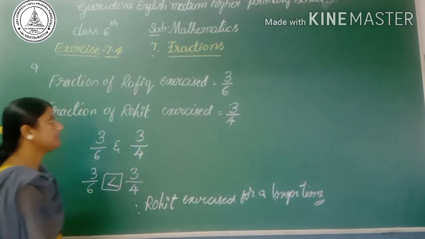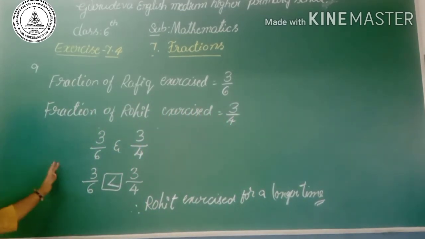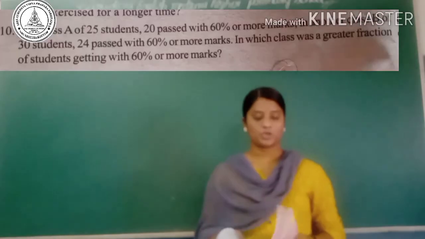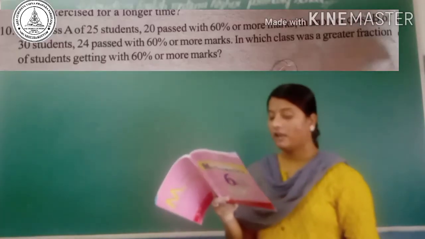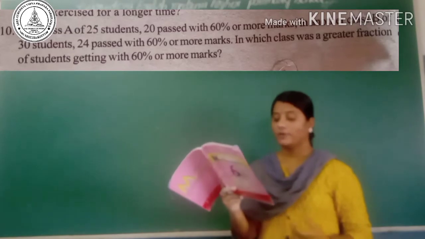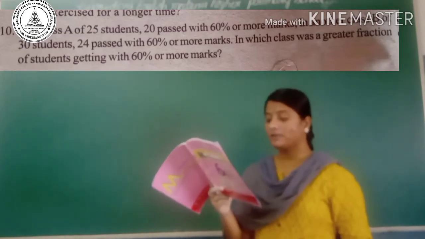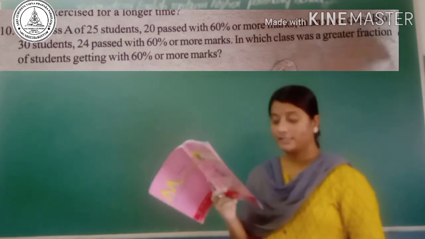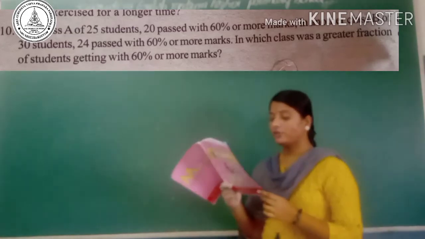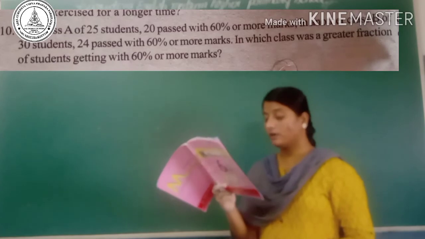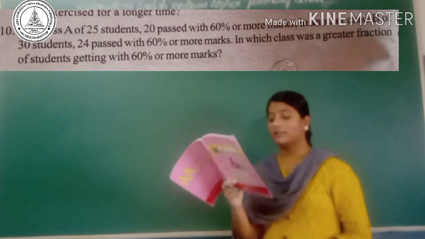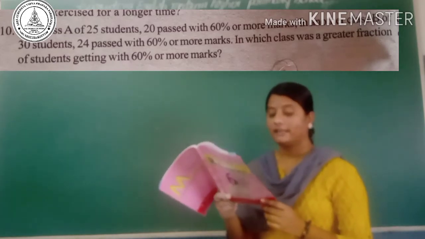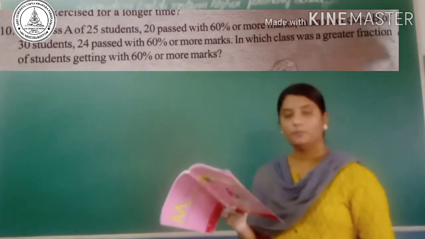Okay, is it clear? Yes, then let's go to the 10th question. The 10th question is: in a class A of 25 students, 20 passed with 60% or more marks. In another class B of 30 students, 24 passed with 60% or more marks. In which class was a greater fraction of students getting 60% or more marks?